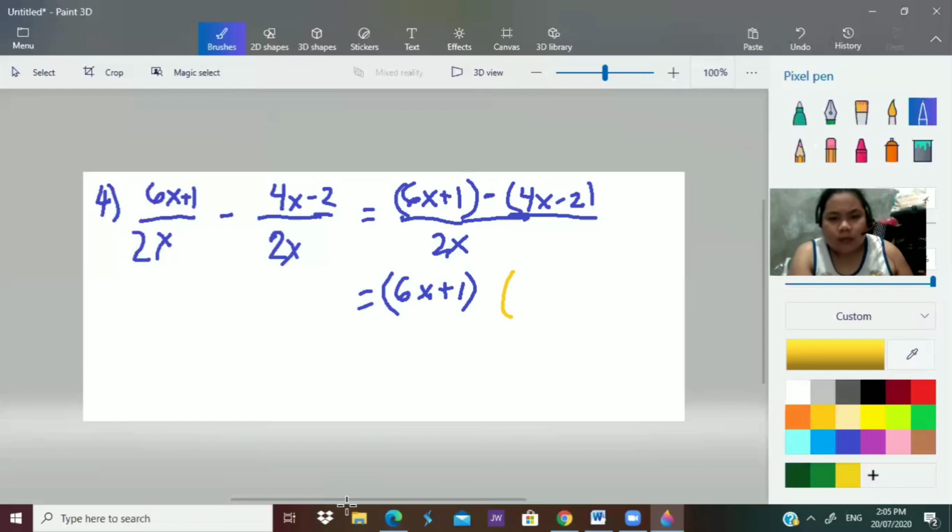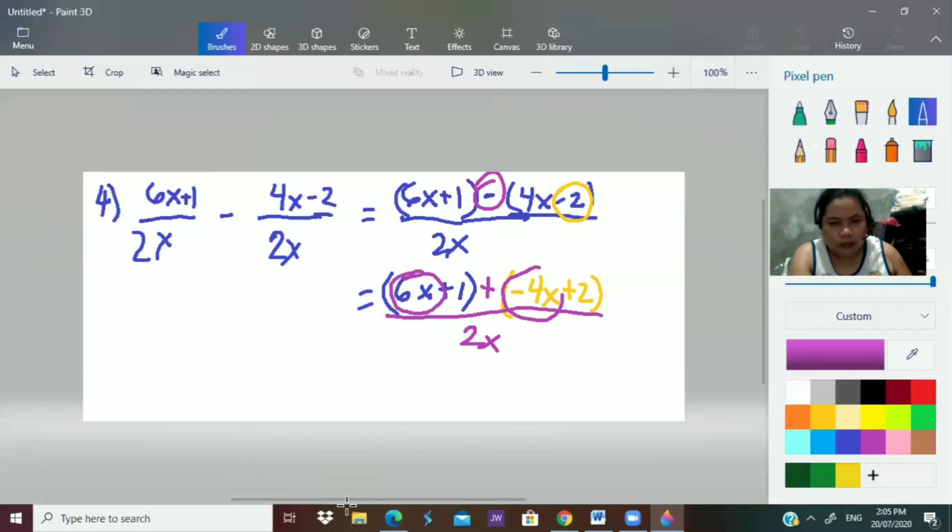So let's have this one. So from positive 4x, it would be negative 4x. From negative 2, it could be positive 2. Then proceed on addition. All over 2x. Now, mapansin natin, meron na tayong similar terms.